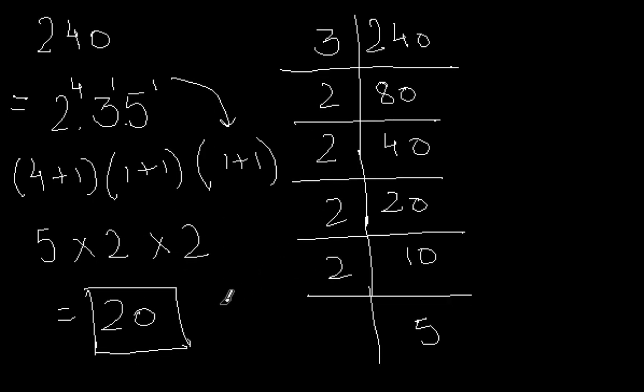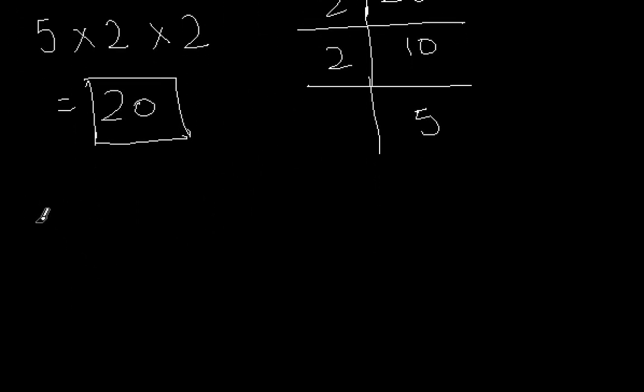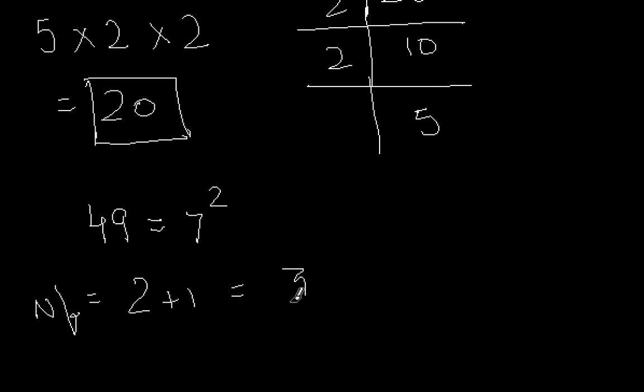Now let's try this with a perfect square. Let us take 49, which is nothing but 7 square. For a perfect square, the number of factors in this case is 2 plus 1, so the number of factors, let's call it NF, is 3.